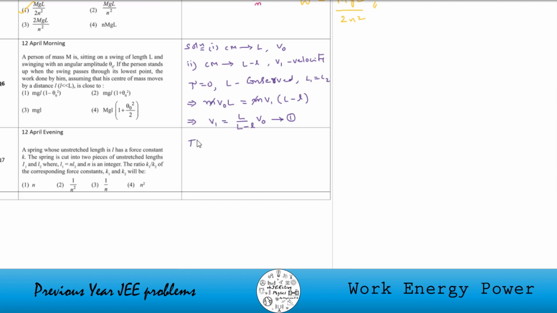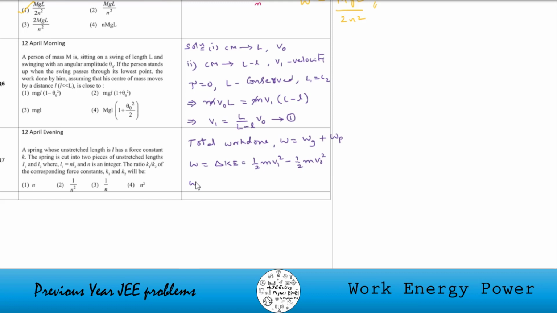Again, total work done when a person is standing. Total work done W can be written as work done by gravity plus work done by person. According to work energy theorem, we know that W is equal to delta KE, or that is equal to half m v1 square minus half m v0 square.